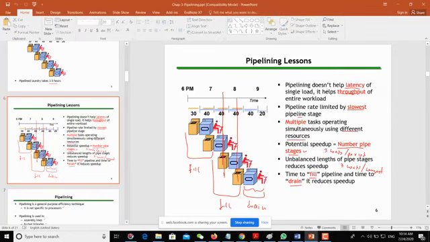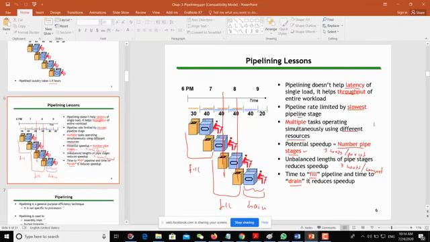So pipelining doesn't help latency of a single load, it helps throughput of the entire workload. Yes, pipelining doesn't help to overcome the latency when you have a single load. It helps throughput of the entire workload. Yes, if you have a heavy workload, it helps to manage the throughput.